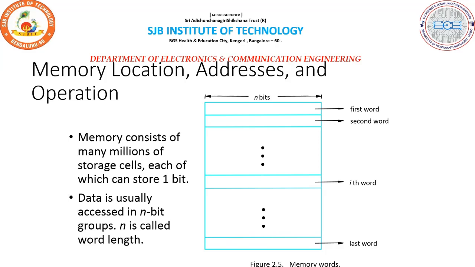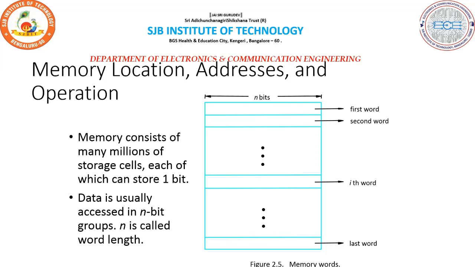Accessing the memory to store or retrieve a single item of information, either a word or a byte, requires distinct names or addresses for each item location. We use numbers from 0 through 2^k minus 1, for some suitable value of k, as the addresses of successive locations in the memory.